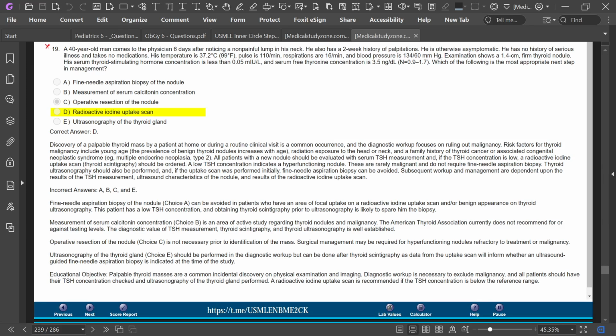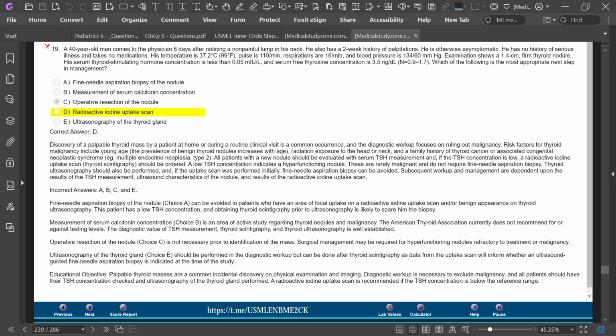Risk factors for thyroid malignancy include young age, radiation exposure of the head and neck, and a family history of thyroid cancer or associated congenital neoplastic syndrome. Male sex too.